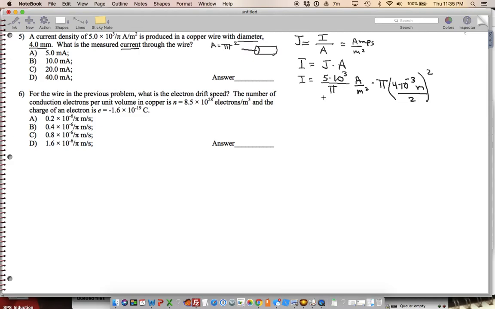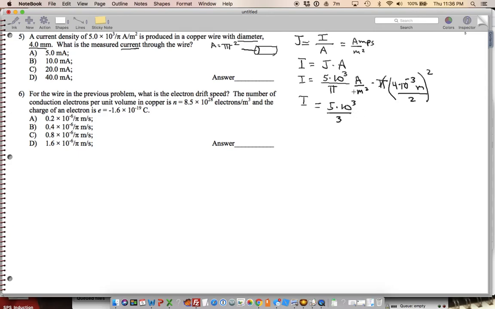If I multiply through, I is equal to 5 times 10 to the third. I'm going to leave the units out for now. I've got amps over meters squared, and I'm going to have meters squared on the top here, so I'm just going to get amps for units. But it's always nice to check.